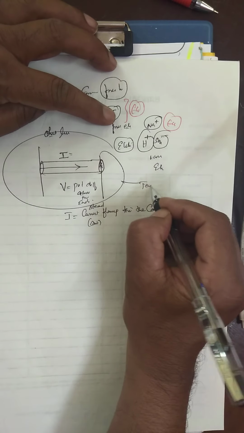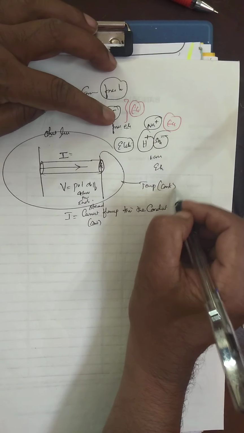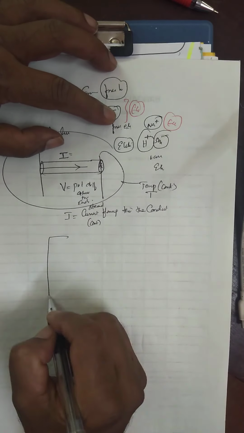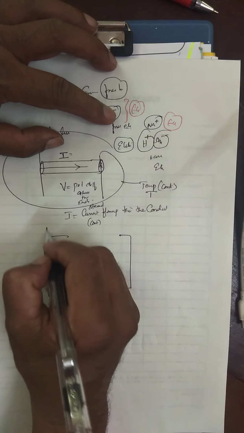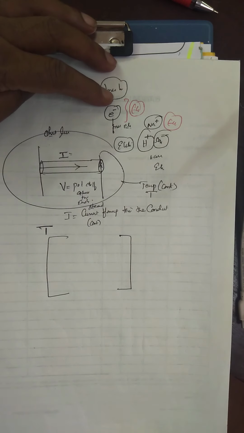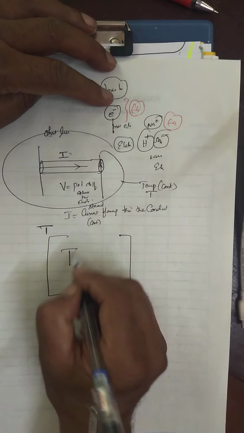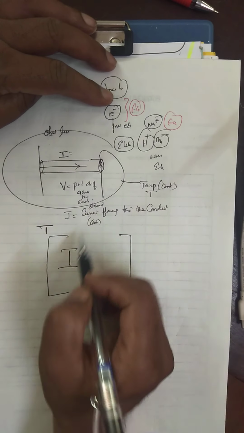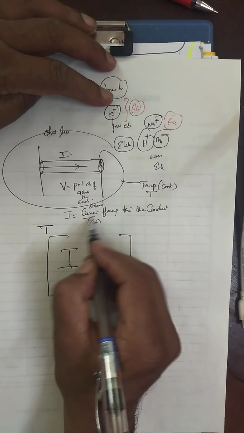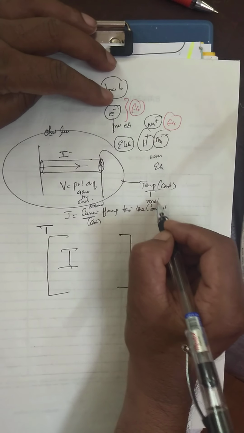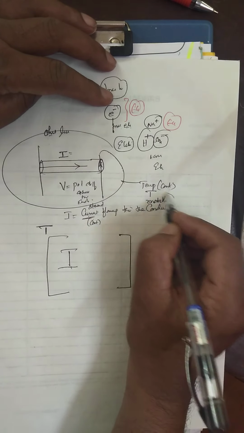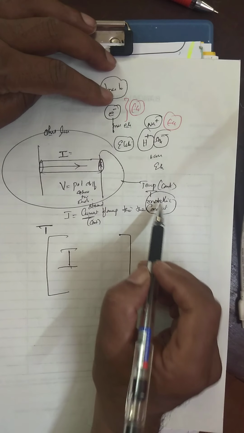Temperature should be constant. Steady current flowing through the metallic conductor, not some other conductor. Metallic conductor.